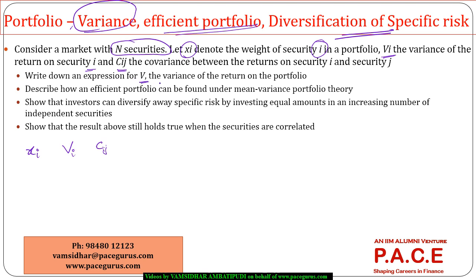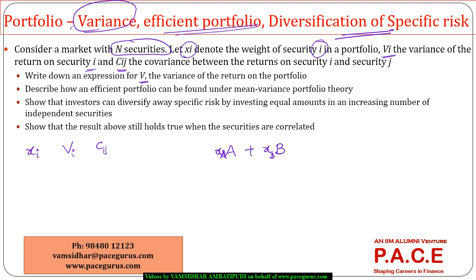Write down the expression for V, the variance of return of the portfolio. So we know that the portfolio is something like this. If I'm talking about securities A and B as my portfolio, then I have invested XA here and XB here.